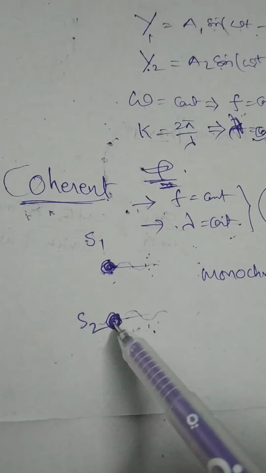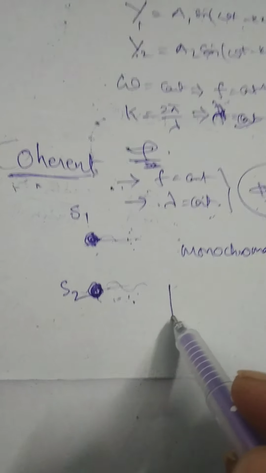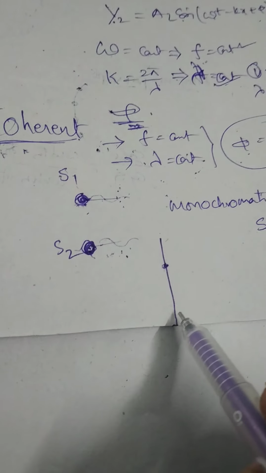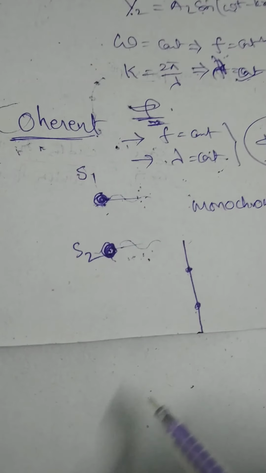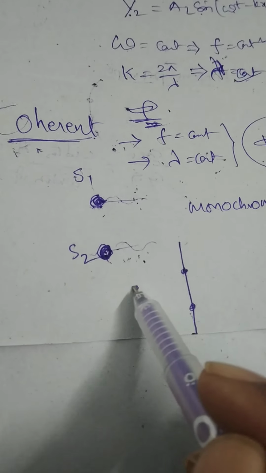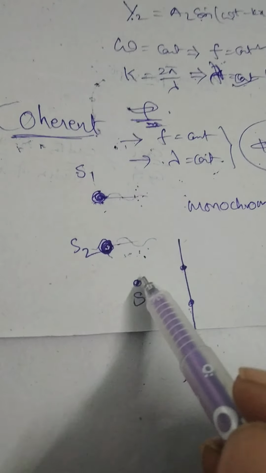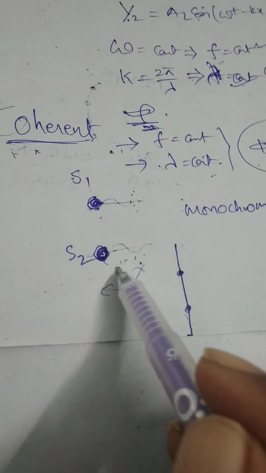Then how do we produce coherent light sources? Simply, this is a cardboard. Here there are two pinholes made on the cardboard side by side, and these two pinholes are illuminated by the same monochromatic source. S is a monochromatic light source. It will emit light in the forward direction or all directions.